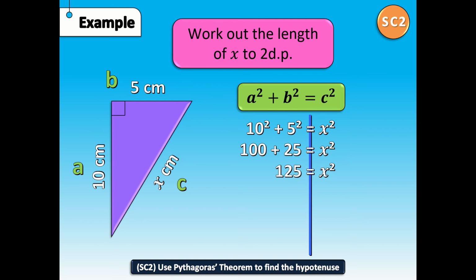So when we add those together, they make 125. So now we need to square root that, and the square root of 125 on the calculator to 2 decimal places is 11.18. So x is 11.18 to 2 decimal places.